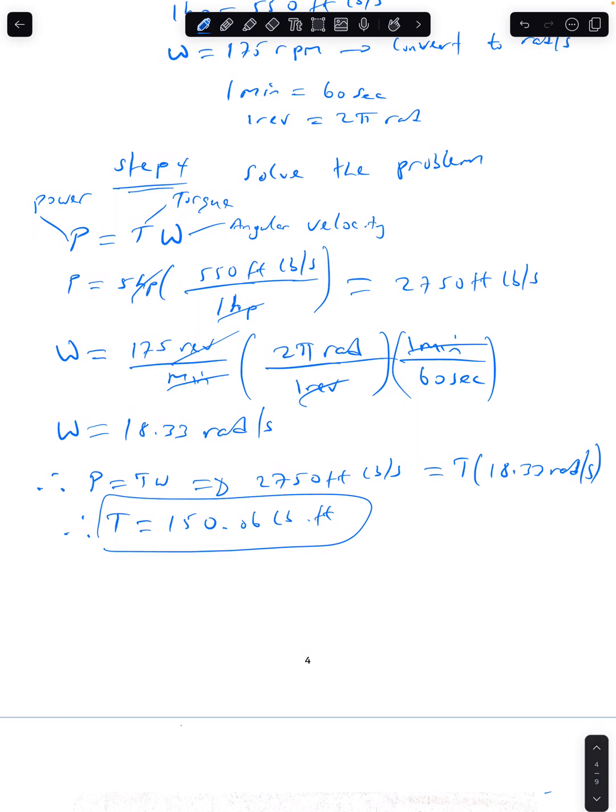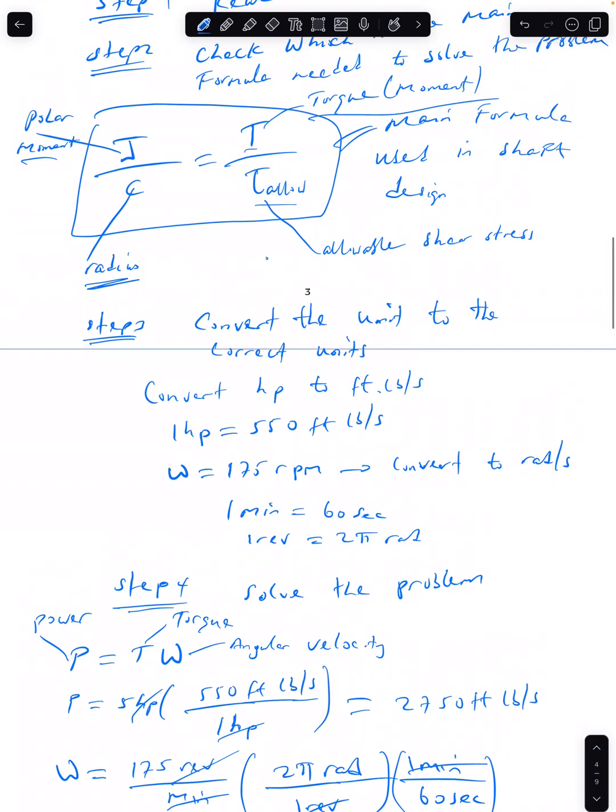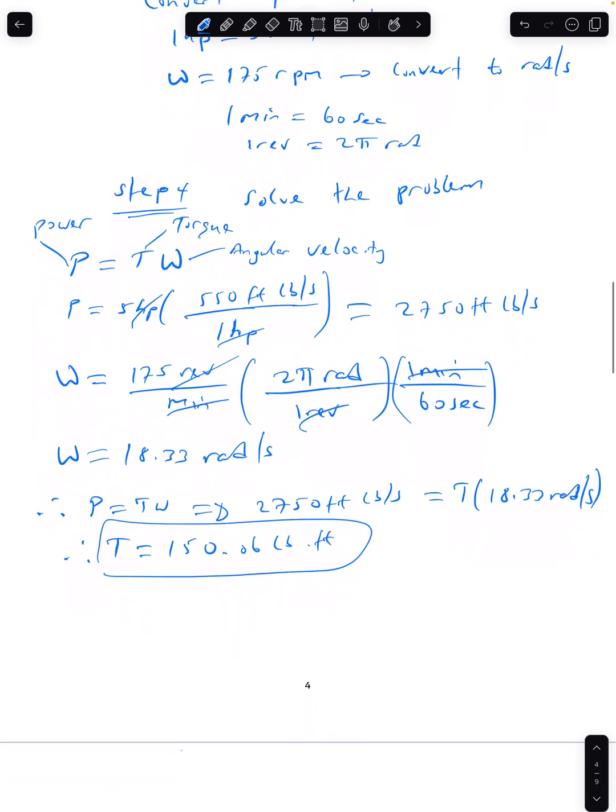Remember, from the equation of shaft design, I know that the polar moment J over C is equal to T over the allowable shear stress. And we know for sure that what is the polar moment for a solid shaft?